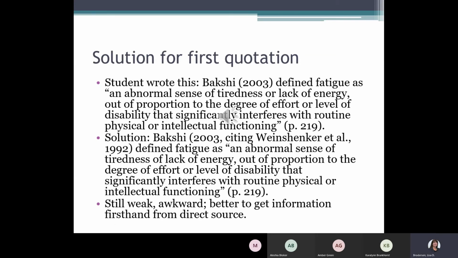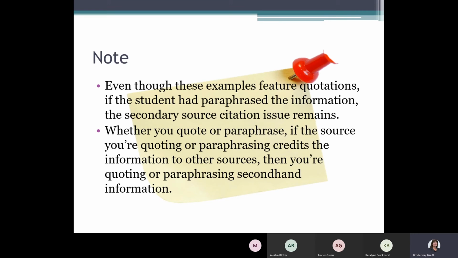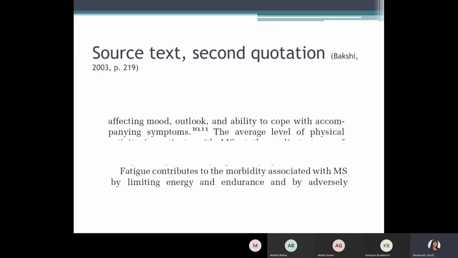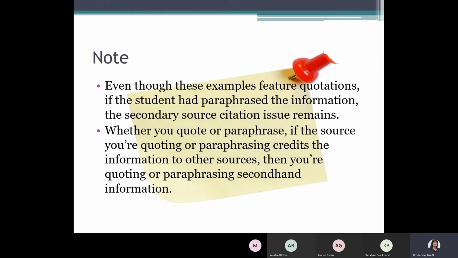Okay. So note, even though these examples feature quotations, if the student had paraphrased the information, the secondary source citation would still be an issue. Even if you're paraphrasing, you still need to use secondary source citation formatting if you're citing a secondary source or citing a source indirectly through another source.